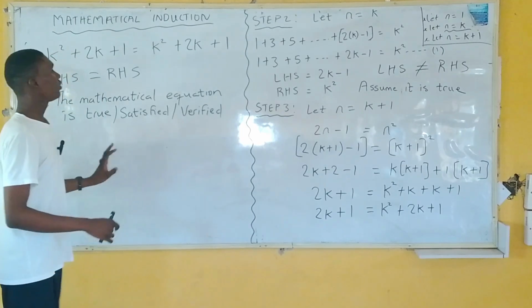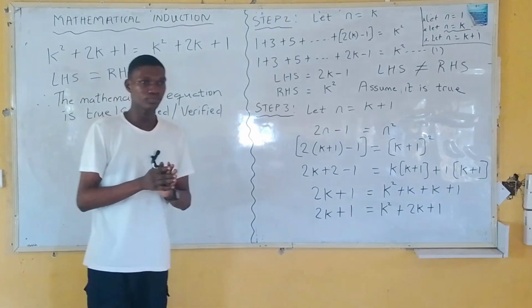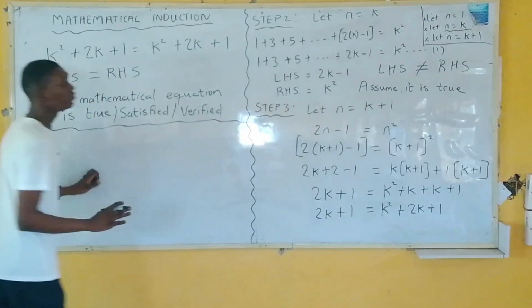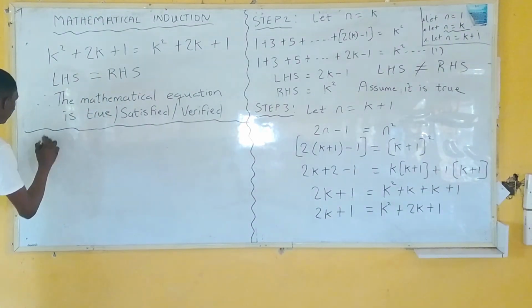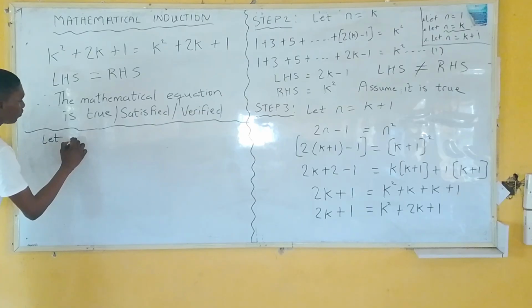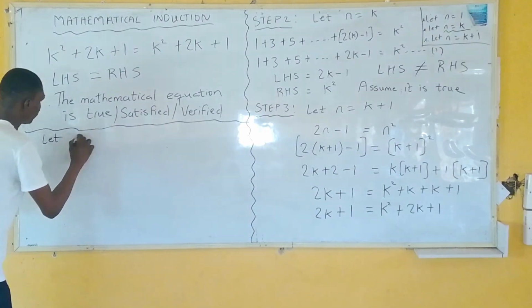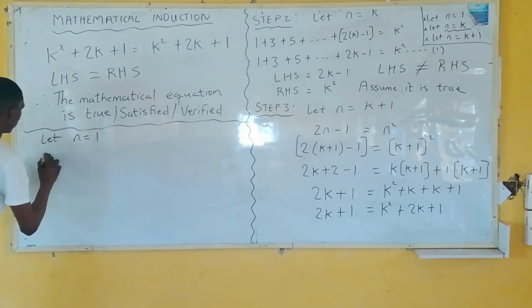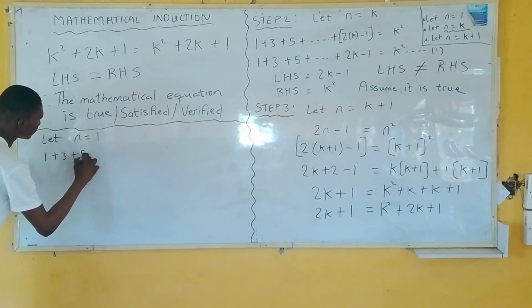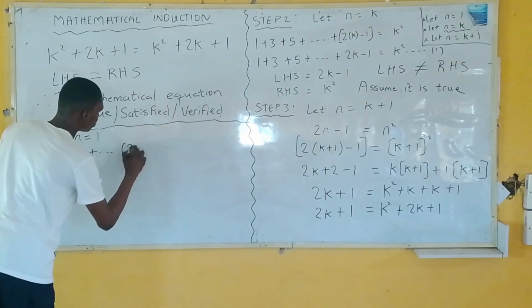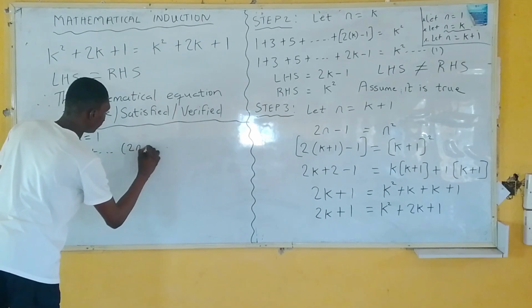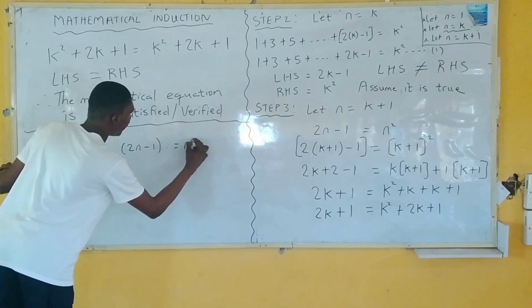Alright. So I said for mathematical induction, I should not have rubbed this side out. The first step is that we should say: let n equal 1, given our question to be 1 plus 3 plus 5 plus dot dot dot 2 open bracket 2n minus 1 to be equal to n squared.